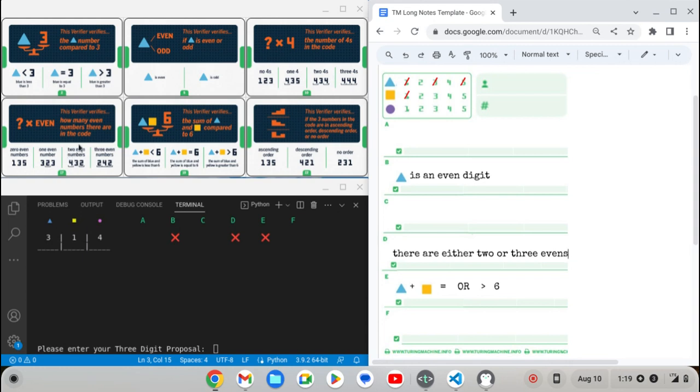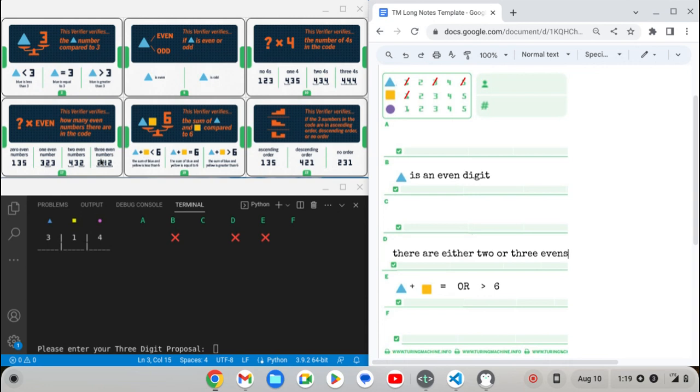Obviously, it's still an outstanding issue of how many evens there are, or whether the sum is equal to 6 or greater than 6. And of course, there's the ordering aspect.